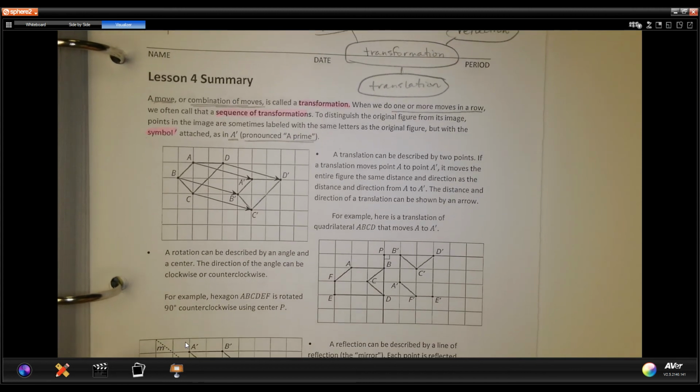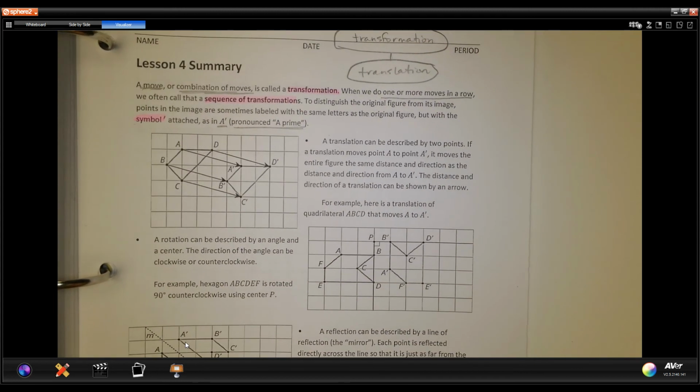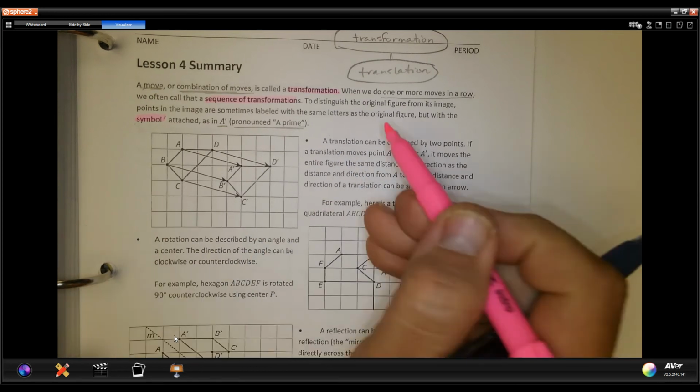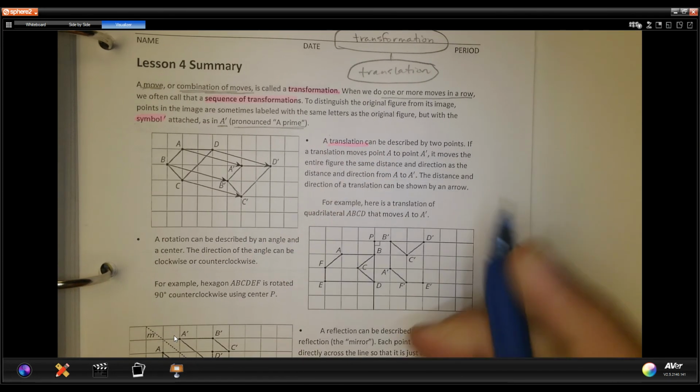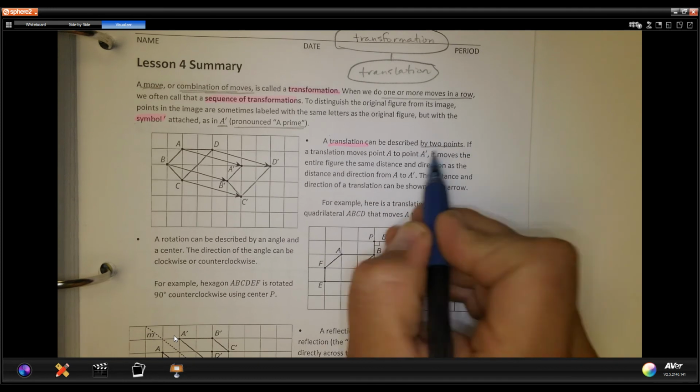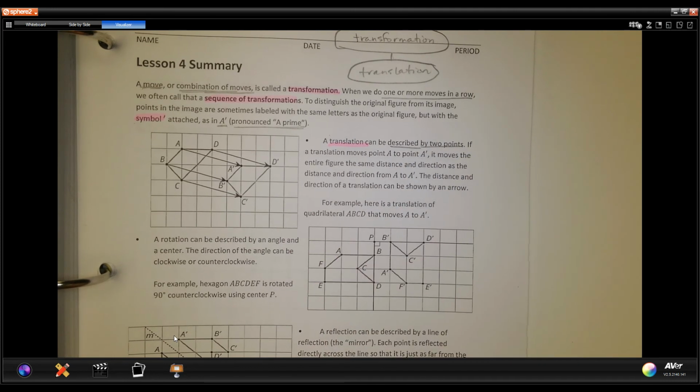Okay, now to talk about each one of these different transformations, let's talk about translation first. A translation will always be described using 2 points. Must have those 2 points. Those 2 points tell us two different things.